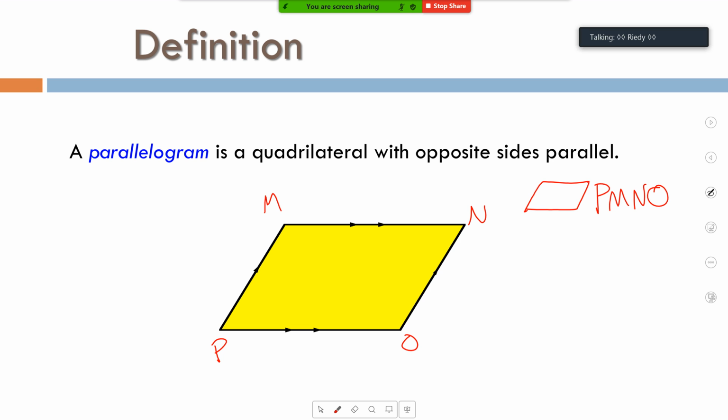Could he have gone the other way? Yes, that's also parallelogram P, O, N, M. He could have picked a different starting point. Could have done N and done NOPM or NMPO. And this seems silly, like why do we care? The reason we care is because what doesn't work is this.